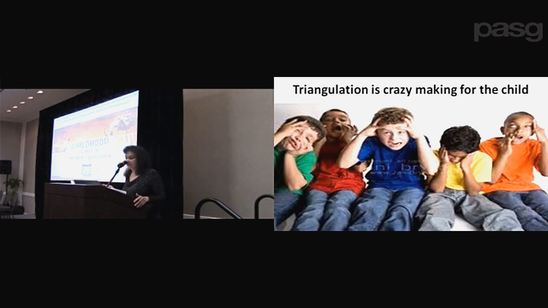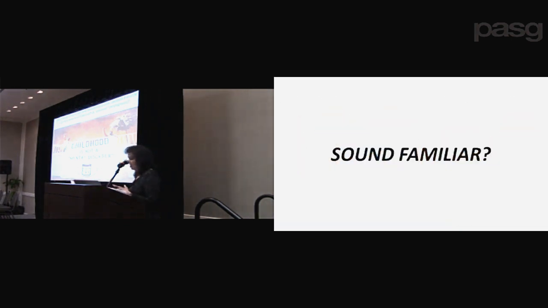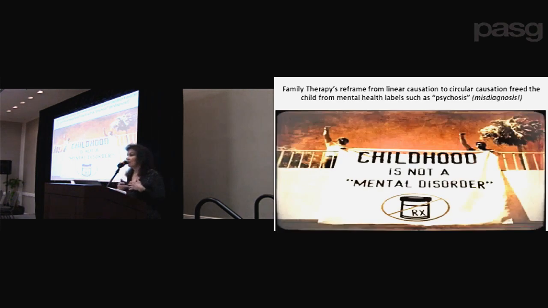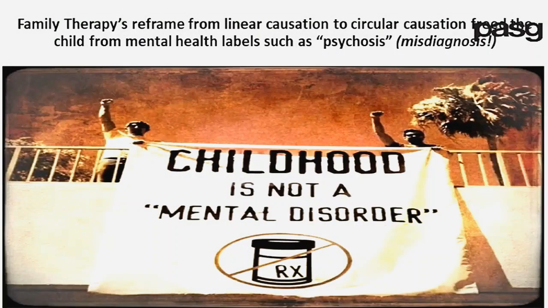Family therapy's reframe from linear causation to circular causation freed the child from mental health diagnoses such as psychosis, which family therapists said is a misdiagnosis. If a symptom is situationally caused, then it cannot have the label of psychosis.